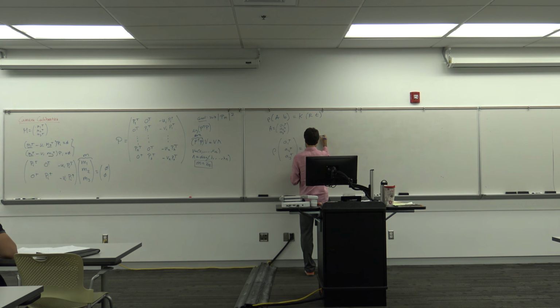Alpha R1 transpose, alpha the cotangent of the angle of the physical retina, remember? R2 transpose plus U0 R3 transpose. And I had beta over the sine of the angle, R2 transpose plus V0 R3 transpose, and then R3 transpose.